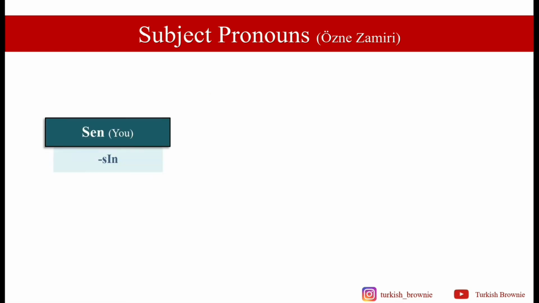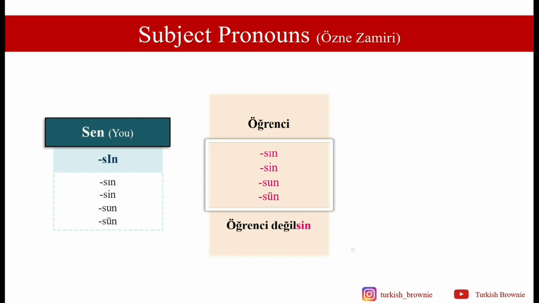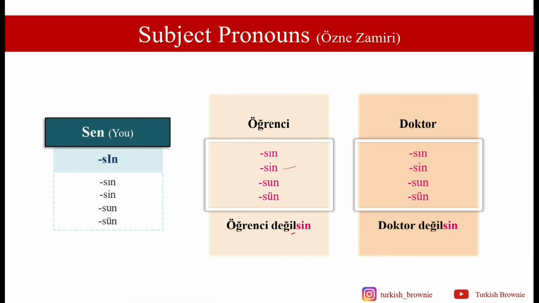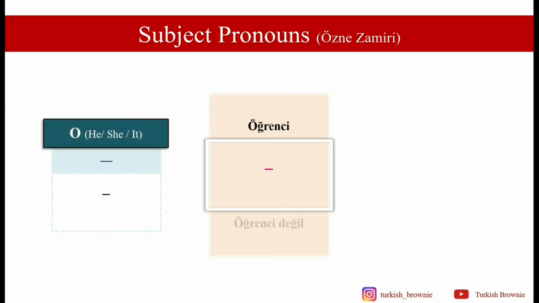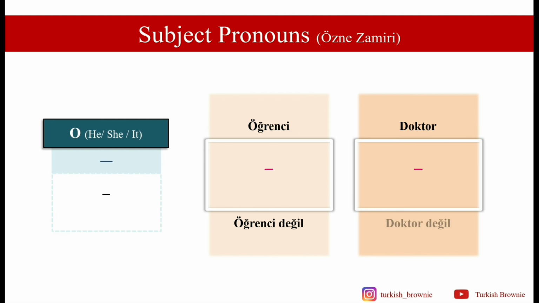For sen, the options, öğrenci değilsin. I, so the I form. Öğrenci değilsin. Doktor değilsin. You're not a doctor. O, there's no suffix. So, öğrenci değil. O, öğrenci değil. For doctor, doktor değil.